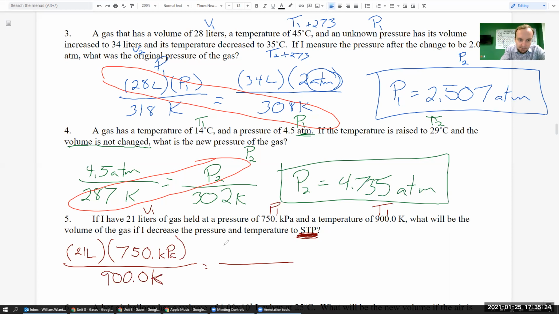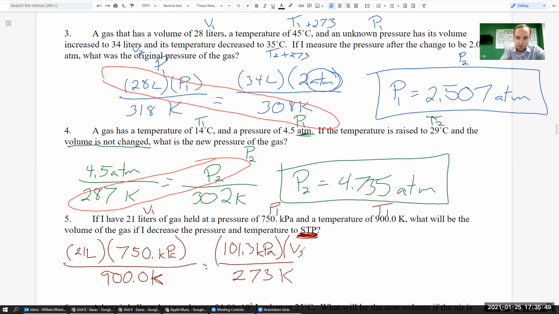Then I'm going to put in my standard temperature and pressure. Remember, standard temperature is 273 Kelvin, and our standard pressure when it comes to kilopascals is 101.3 kilopascals. Remember, that's from the formula chart. That is standard pressure in the unit of kilopascals.